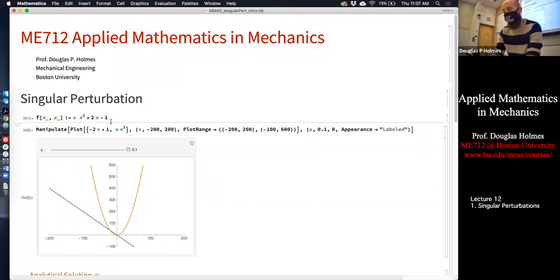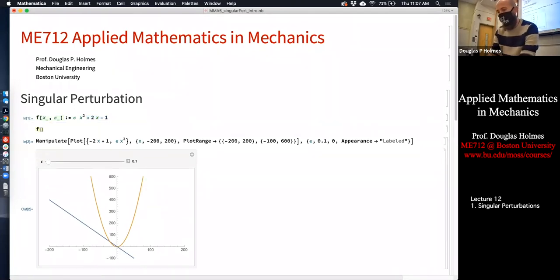I should be more clear, and I should be saying that really what I have is f of x comma epsilon equals 0. And so what I've done is just move these two terms that don't involve epsilon to the other side, which is why it becomes negative 2x plus 1, and then it's epsilon x squared. And you can see that as I change epsilon, it spreads out this parabola.